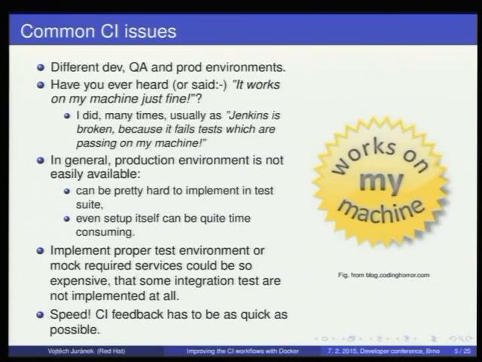Personally, I heard this many times. Sometimes even in a stronger formulation, that Jenkins is broken because it fails some tests which are passing on my local machine. But in, I would say, 80, maybe 90% of cases, it turned out that there is no issue with Jenkins, but there is some issue in the code or in the test which appeared in a different environment.